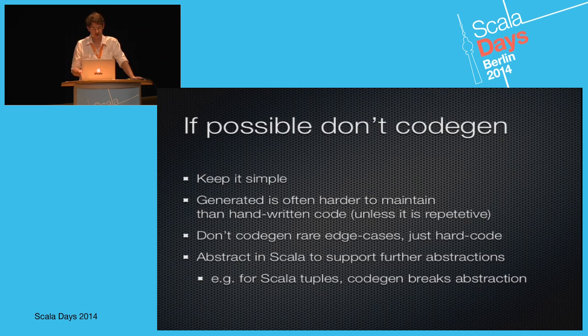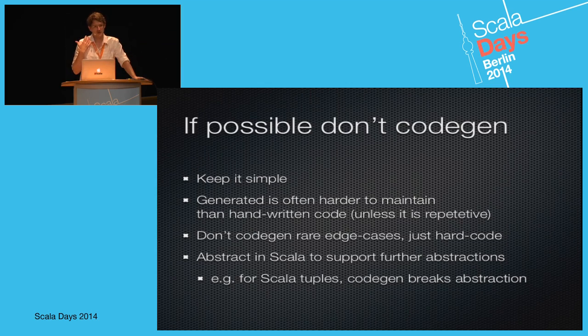Generated code is often harder to maintain than handwritten code because there's a layer of indirection, unless the handwritten code is very repetitive, in which case you can benefit from refactoring it. And don't code generate rare edge cases or represent them in the model. Don't make your model unnecessarily complicated. They are better located in handwritten code.